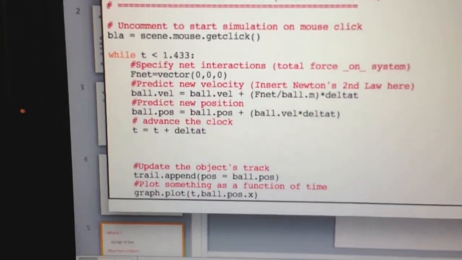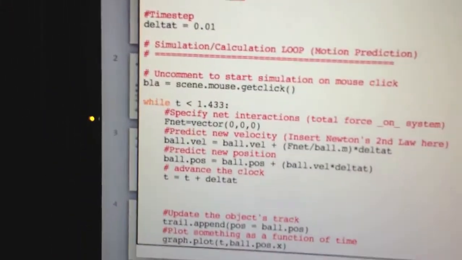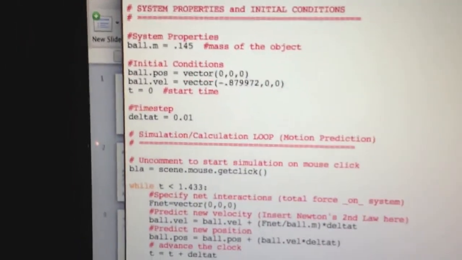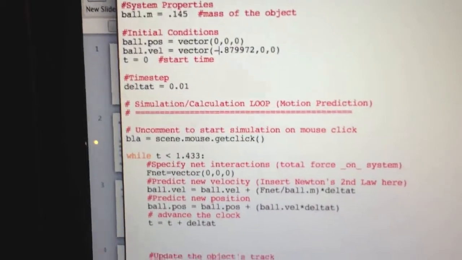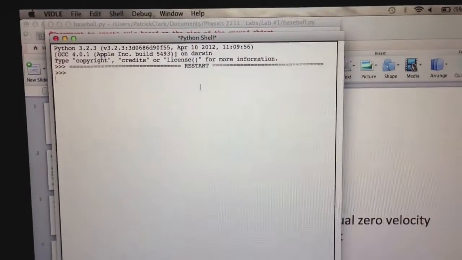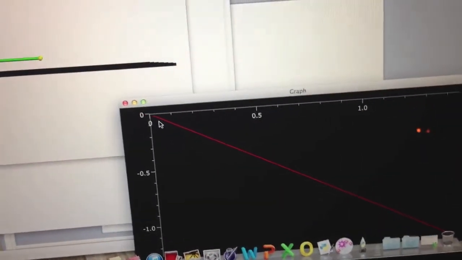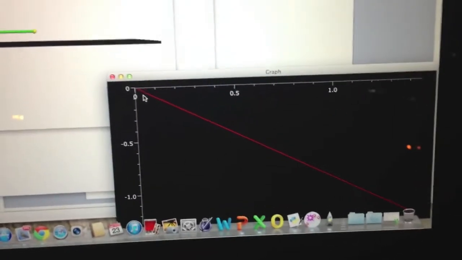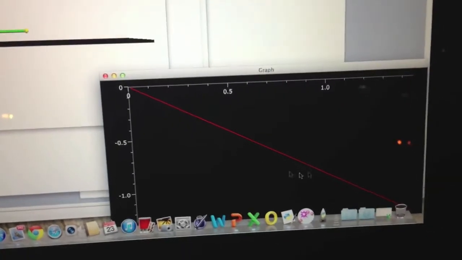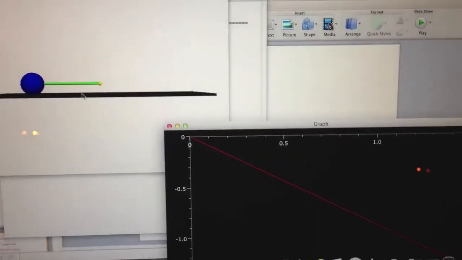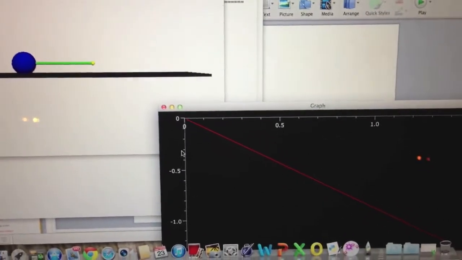So in this case we're going to make the velocity negative, and if we run it this time, we're going to see that it is the same graph with a negative slope, giving it the same constant velocity, but in this case we moved in the negative x direction instead of the positive x direction.